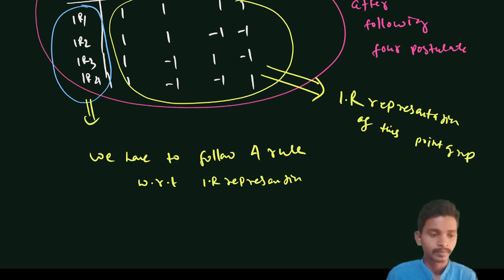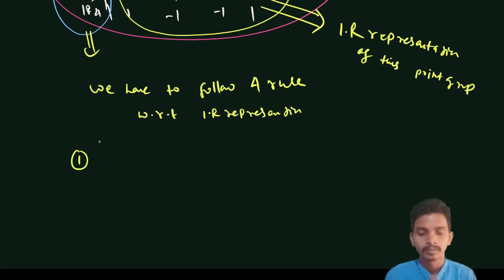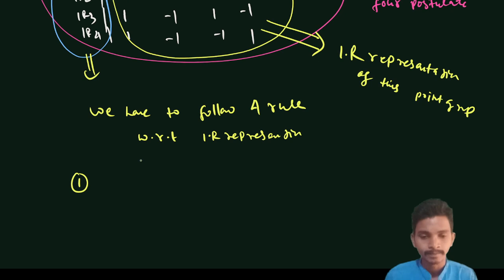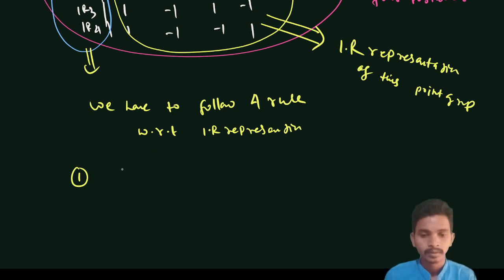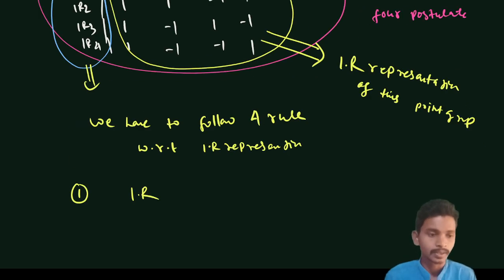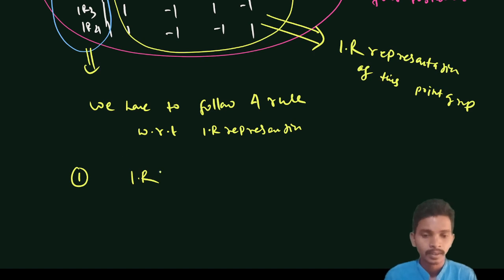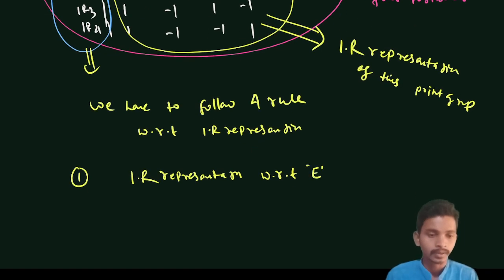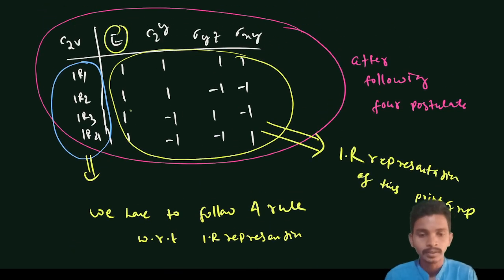How do we state the first rule? It says that the irreducible representation with respect to the identity E, this value with respect to E, what is that?